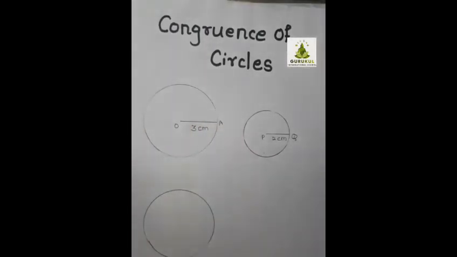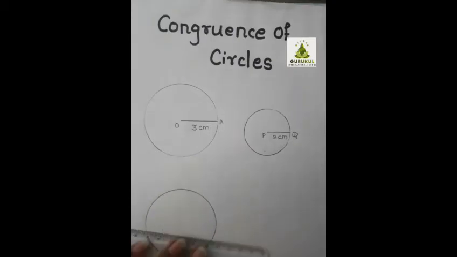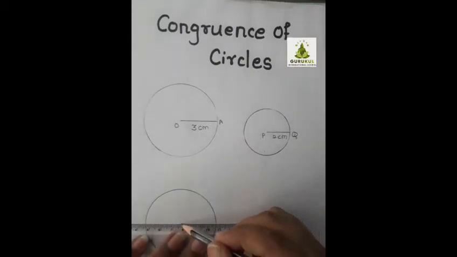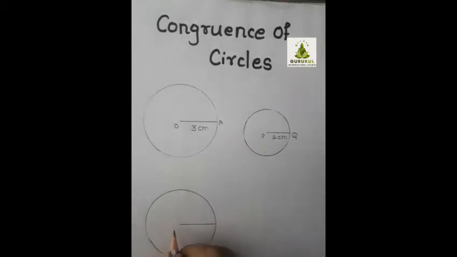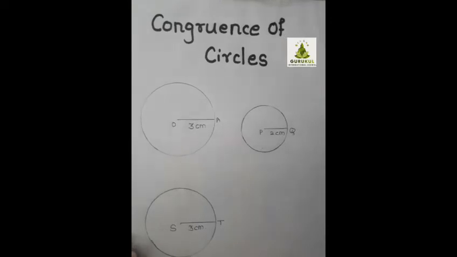This is 3 centimeters radius, ST. So this is how you have to draw a total of 4 circles.